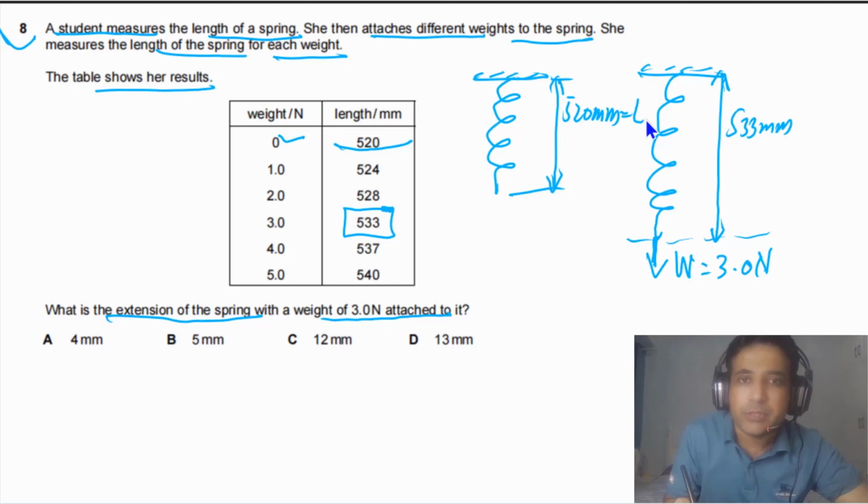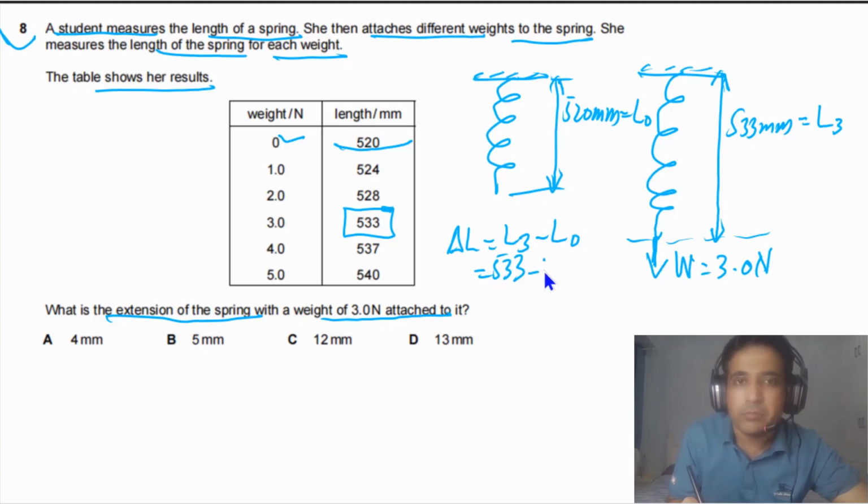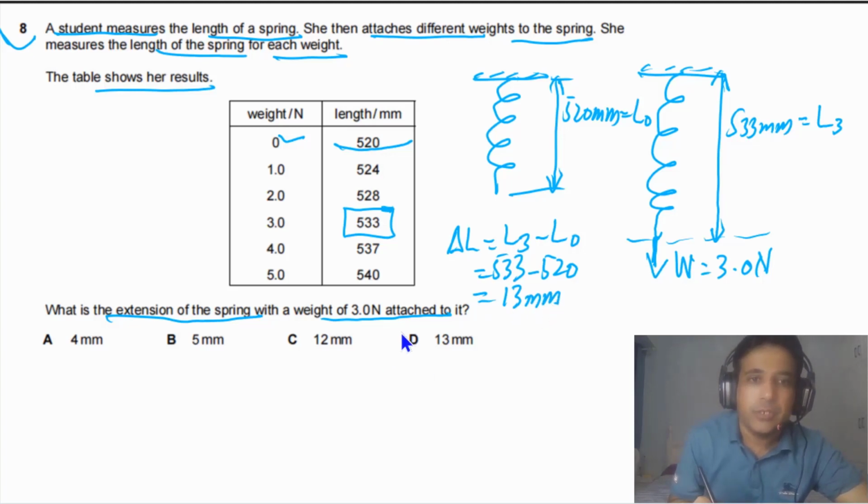We can simply say this one is L0, and this one is L3. So we need to find out the extension of the spring. So delta L simply will be equal to L3 minus L0. So this is equal to 533 minus 520. So the answer for this question will be equal to 13 millimeters. So the answer is D.